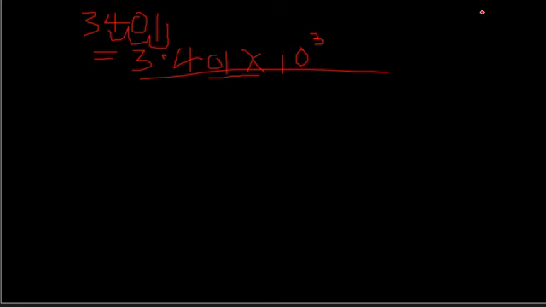If you are dealing with whole numbers, the index is positive, and if you are dealing with decimal numbers, the index is negative, because you are moving the decimal in the opposite direction.